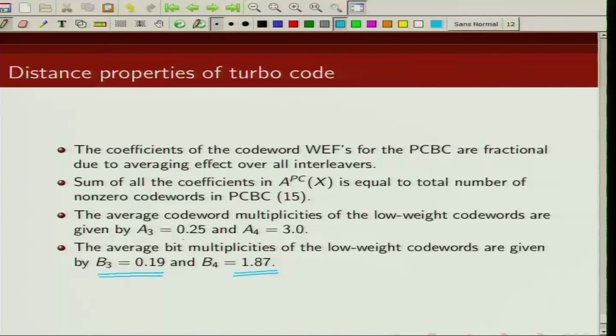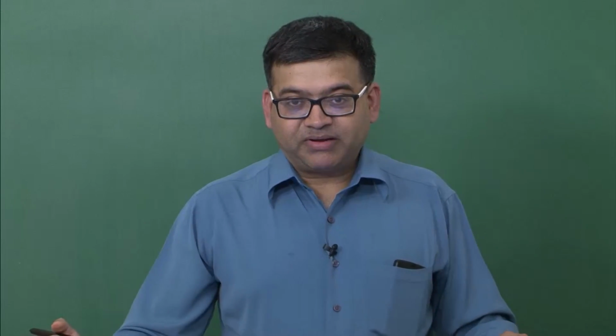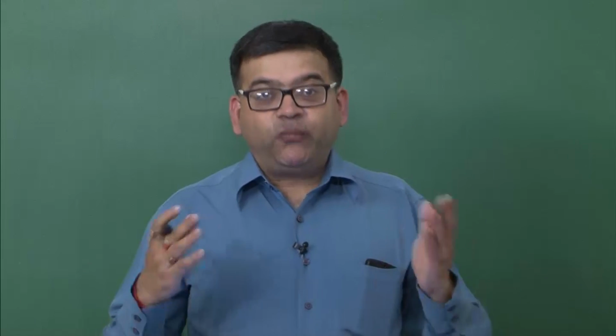If you compare this code multiplicity with the original code that we used, the 7-4 Hamming code, which had 7 code words of weight 3, here you can see the average multiplicity is 0.25. So you can see the effect of the interleaver on code multiplicity, and you can use this concept of uniform interleaver to compute your average weight enumerating function, average input output weight enumerating function, and average bit conditional weight enumerating function.